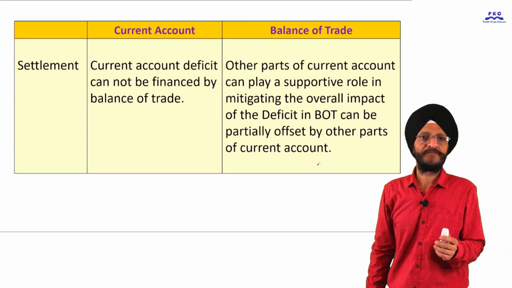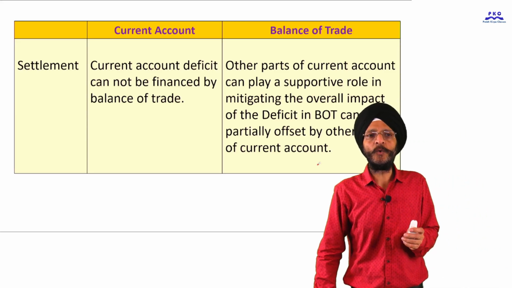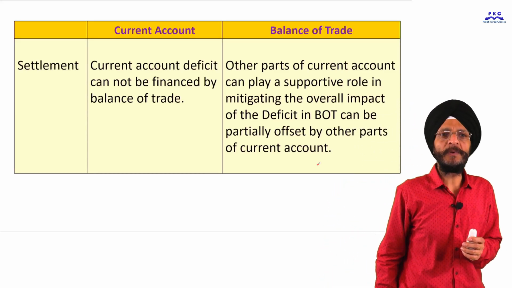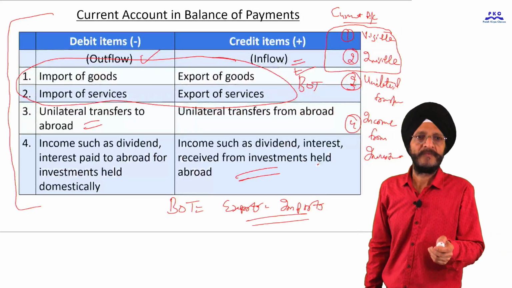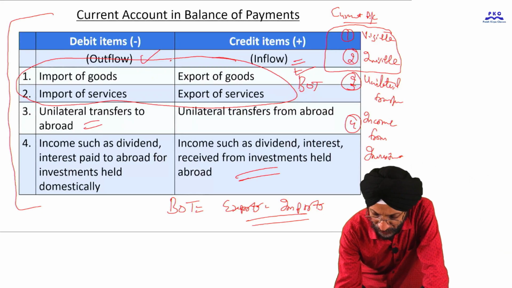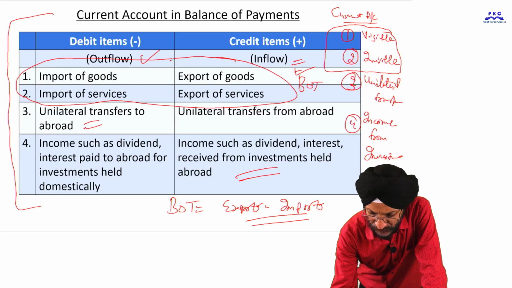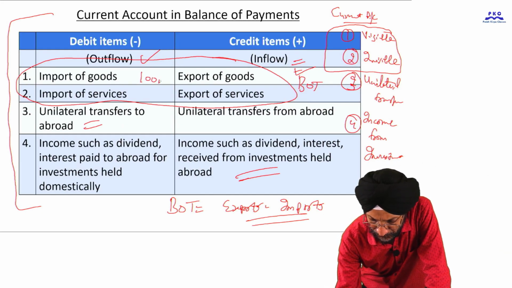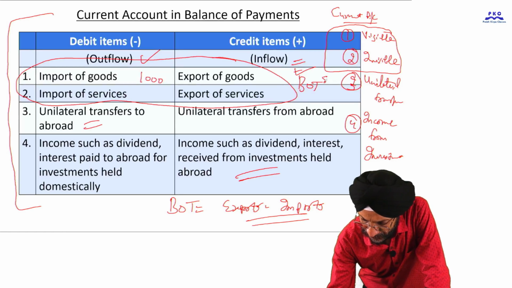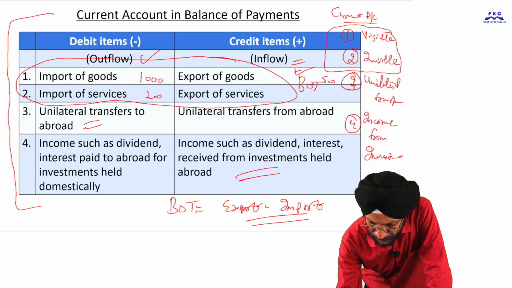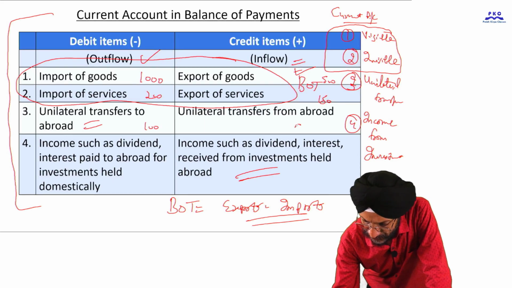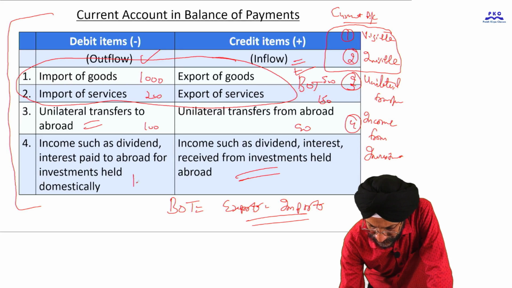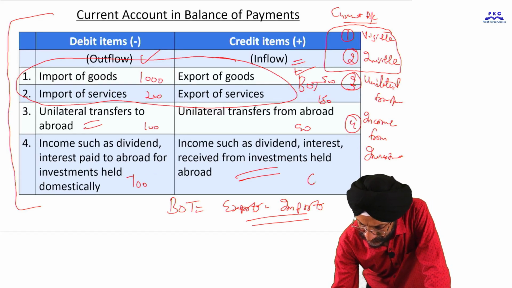Now, settlement. Current account deficit cannot be financed by balance of trade. What does it mean? When we record all these transactions, suppose it is 1000, 500, 200, 150, 100, 90, say 700, say 600.